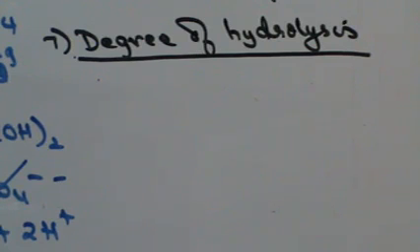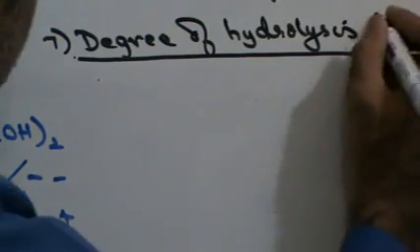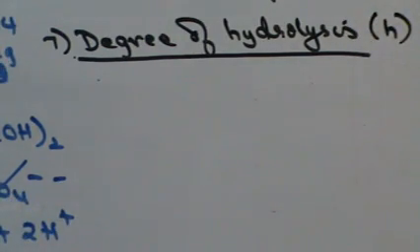Suppose I put 100 molecules of salt, out of which 40 react with water to form either acid or base. In that case, that fraction that has been hydrolyzed to the total number of molecules present in the solution is called the degree of hydrolysis. It is represented by the letter H, right?